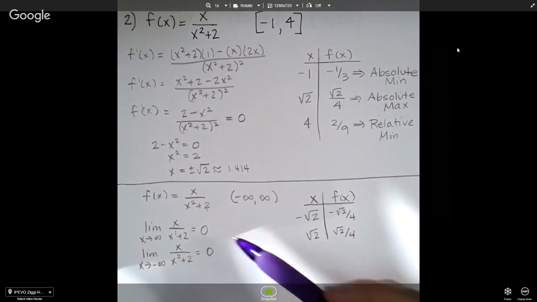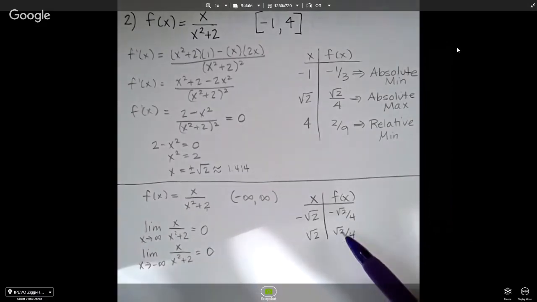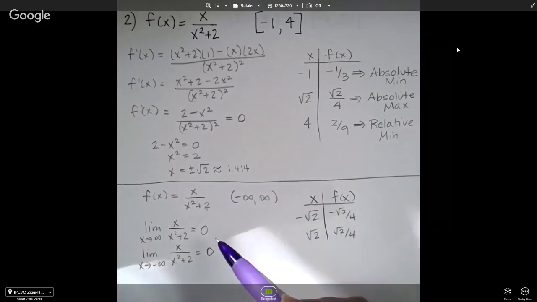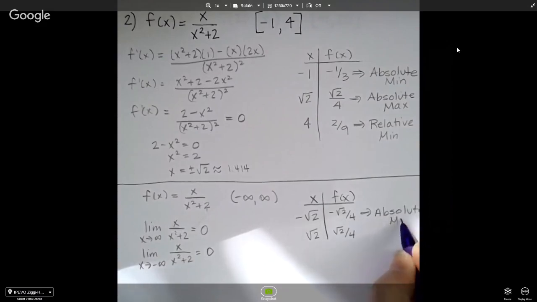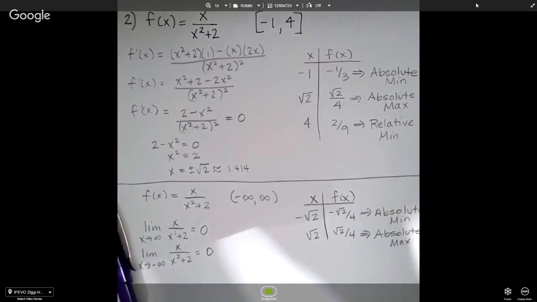That means that these places here are the only places where I'm going to have extrema, because these values are larger or smaller than where the function's headed. So that means that this is going to be the absolute min. And this one will be the absolute max.